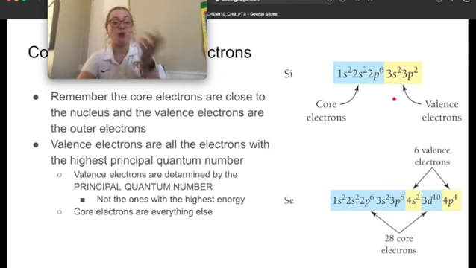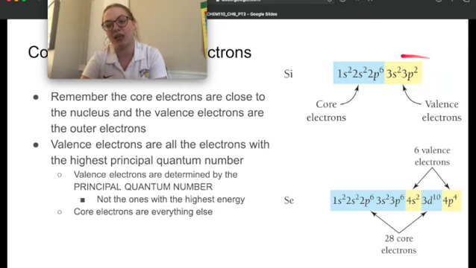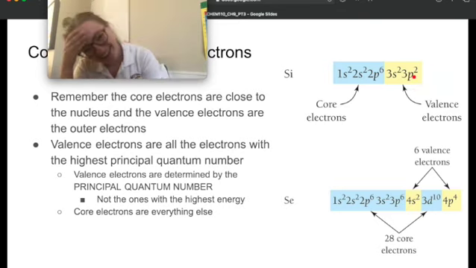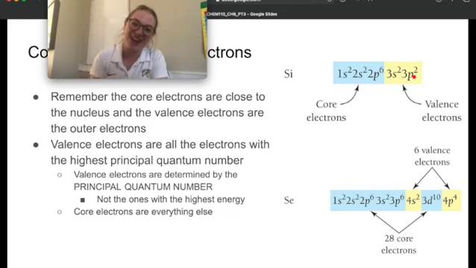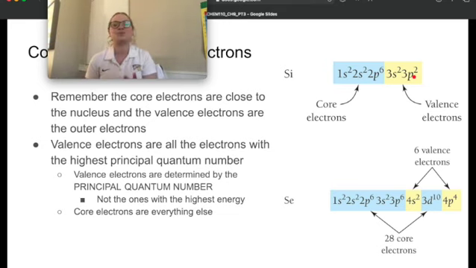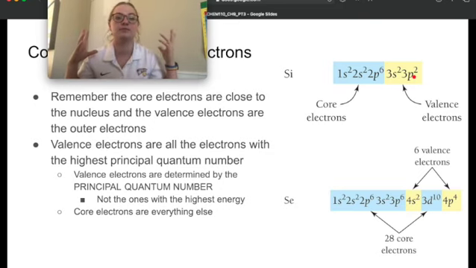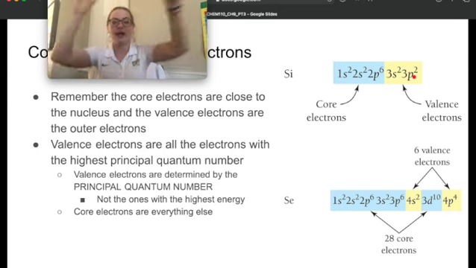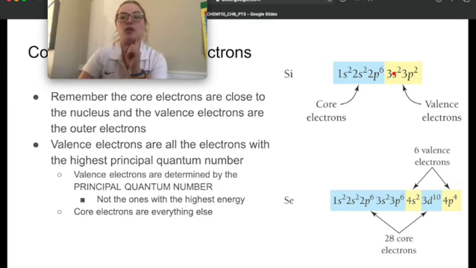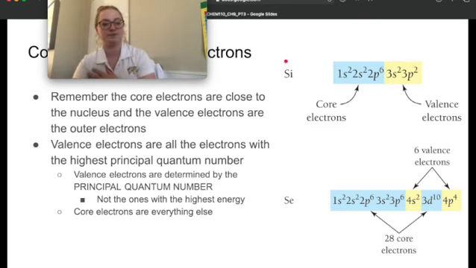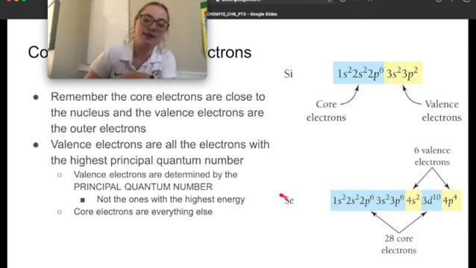The highest principal quantum number we see here is 3, the outermost shell. So any orbital that has that principal quantum number of 3 is going to be a valence electron. So the 3s2 electrons and the 3p2 electrons are going to be valence. Everything else is core.